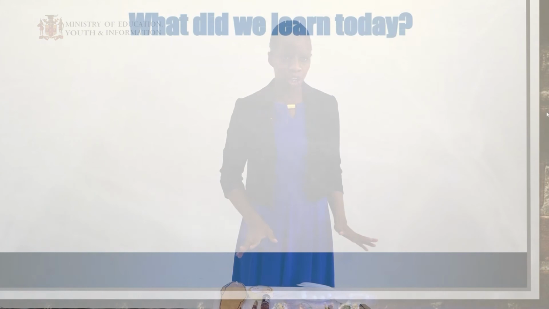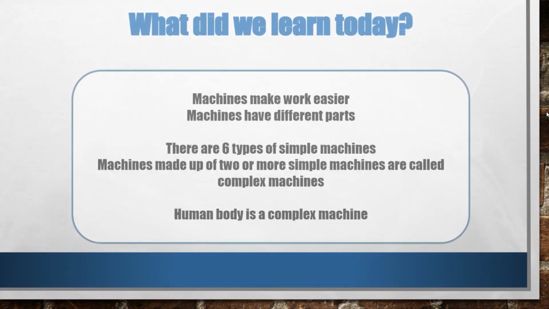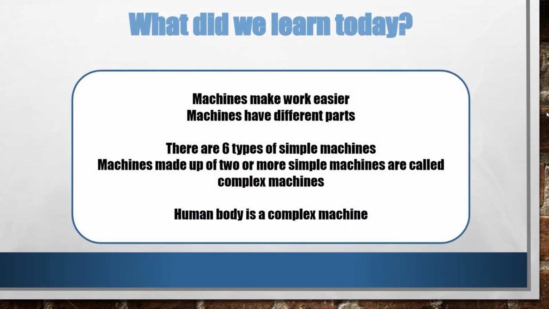Good. All right. So what did you learn today? Right? From what we have gone through, what did you learn? Of course, we can see that machines, all machines, are able to make work easier. Some machines have different parts, yes? When these parts work together, of course, then the machine is able to function.